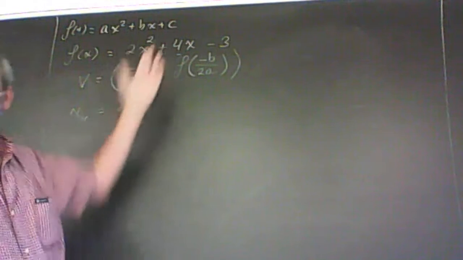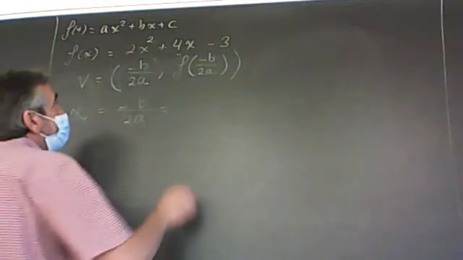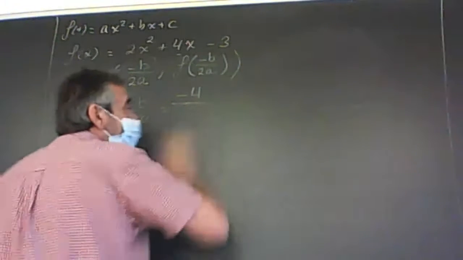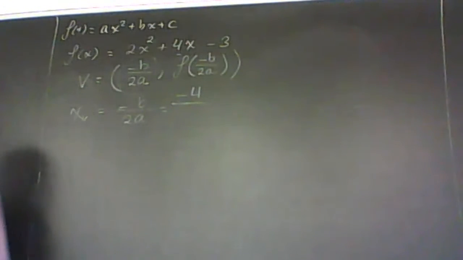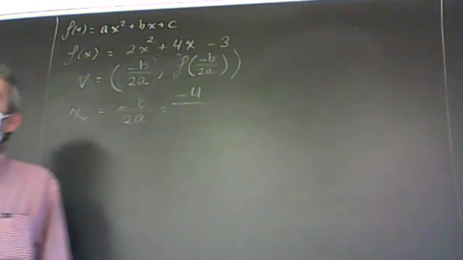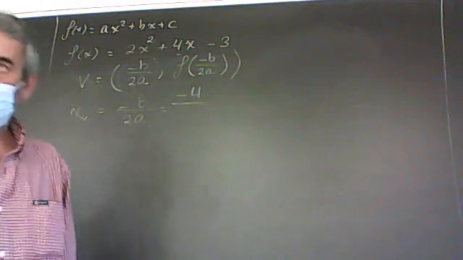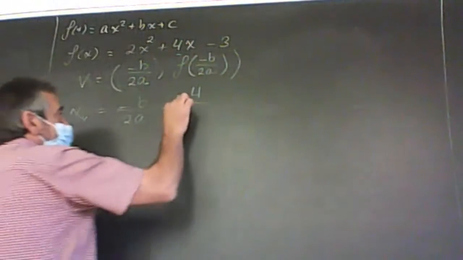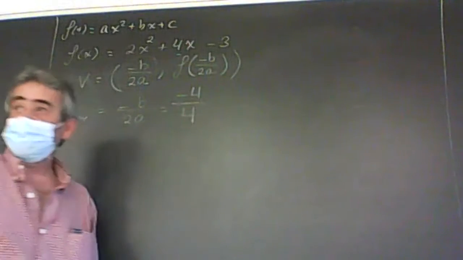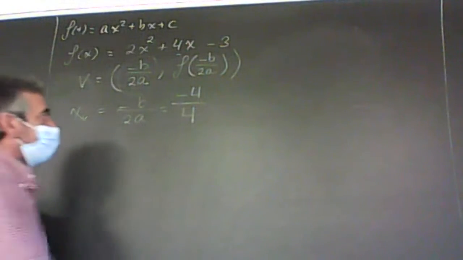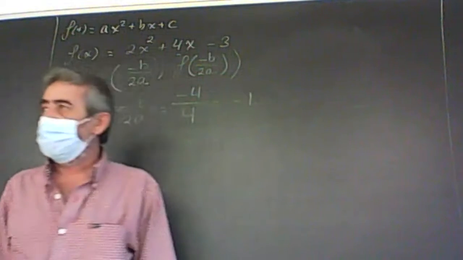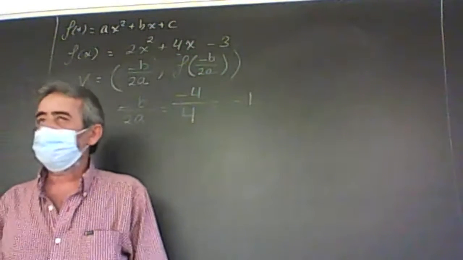From the given, what is B? So minus B will be negative 4 over 2 times whatever A is. What is A? So 2 times 2 would be 4. So negative 4 divided by 4 is negative 1. And that's what we got just a second ago.